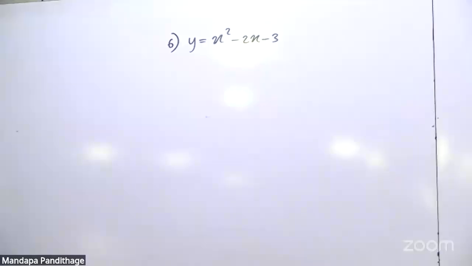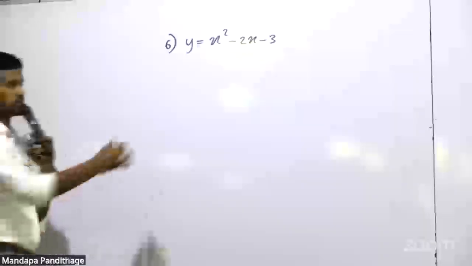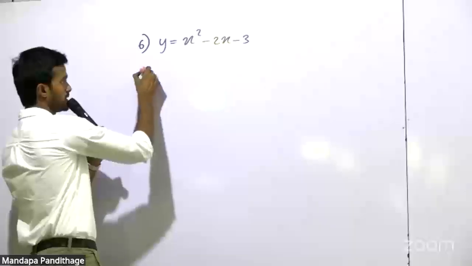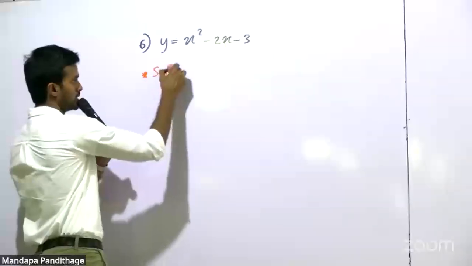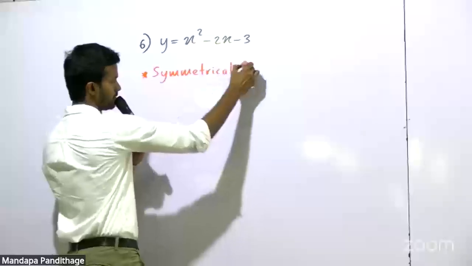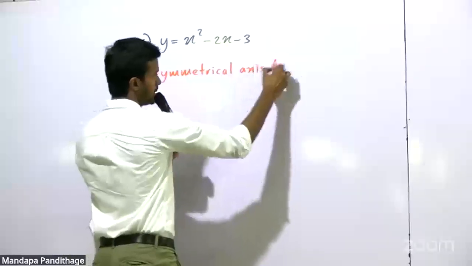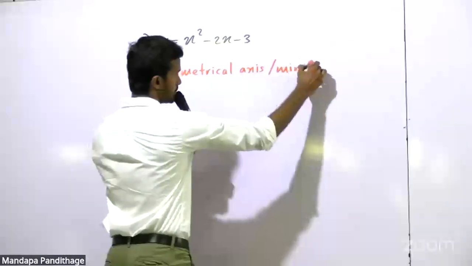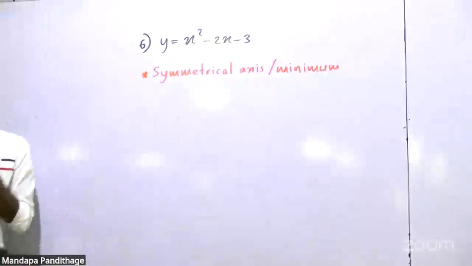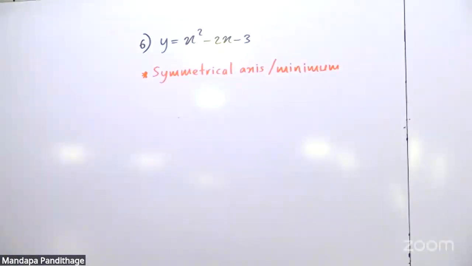And the other is the symmetrical axis, because we know the parabolic shape is symmetrical. So the first thing you need to find is the symmetrical axis of the graph and the minimum. So how can you do that?